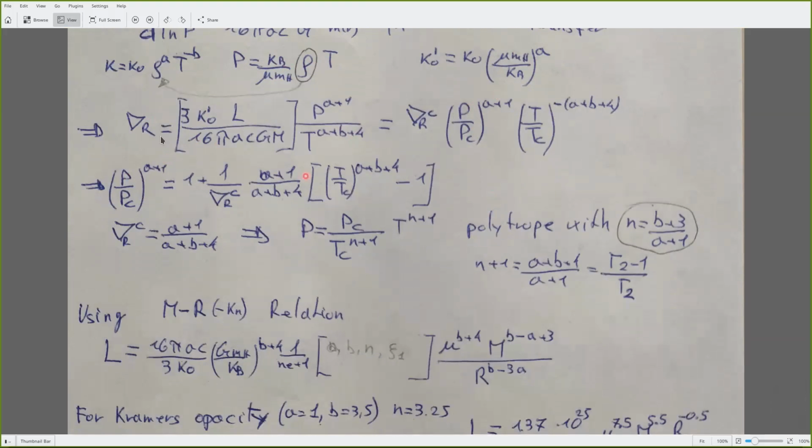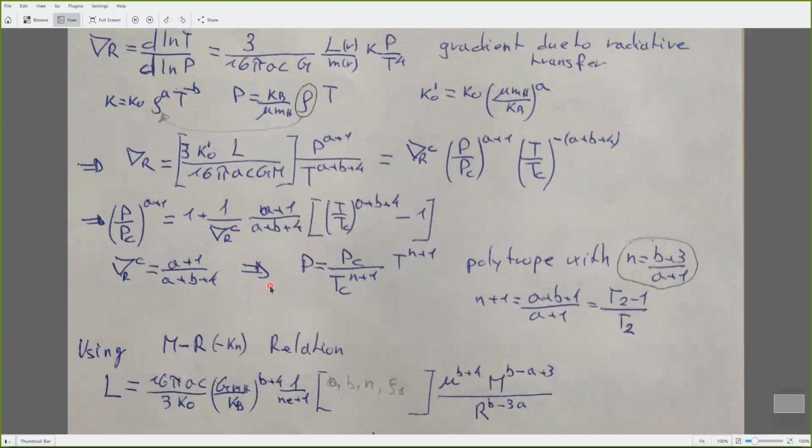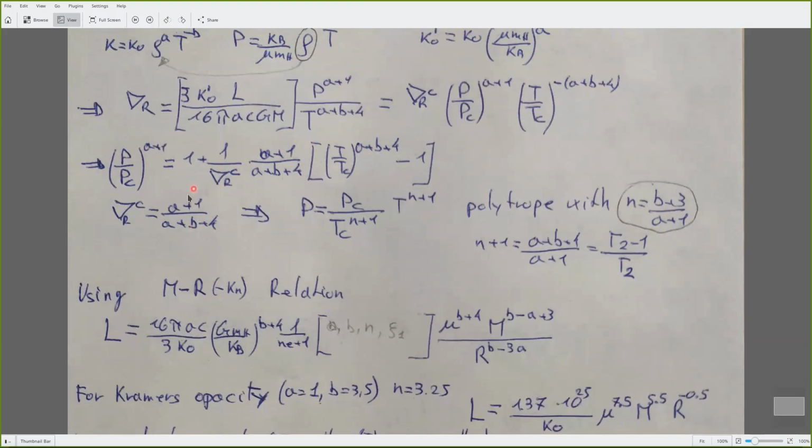Okay, it's a lot of calculation with this formula that depends on several coefficients. To simplify, we suppose that at the core, this gradient we saw here is equal to this value. That brings us to a polytrope. It's a way to simplify things to have something easier to manage.